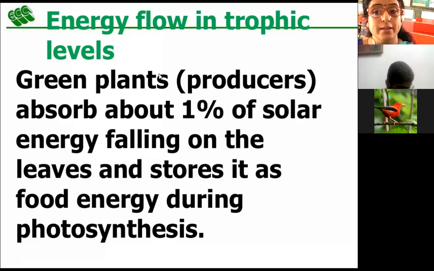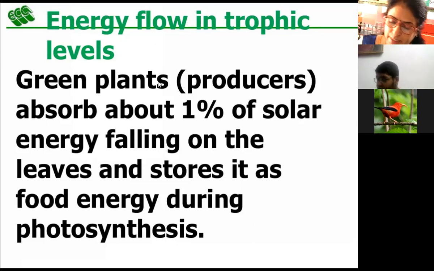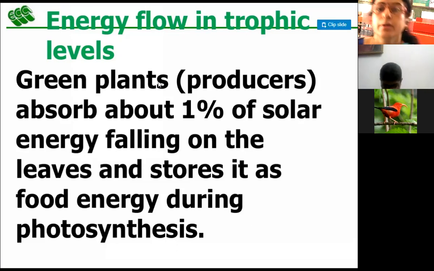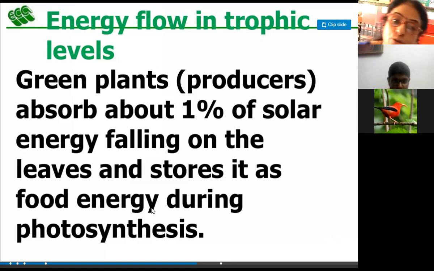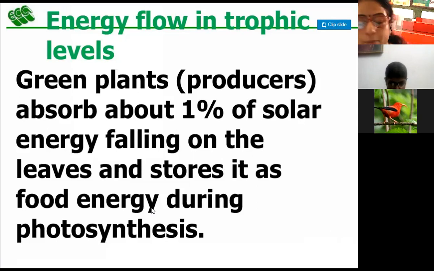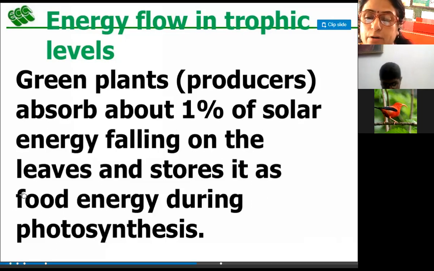So that is why this 90% is utilized, and only 10% is transferred from one trophic level to the next. And of the energy given to us by the sun, we are only using 1% of that energy, right?